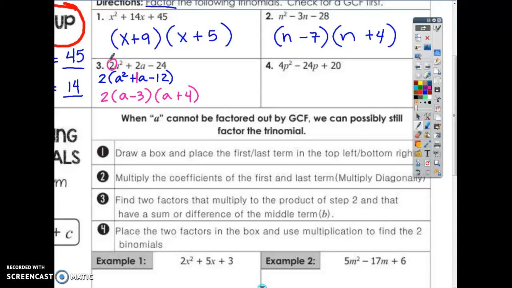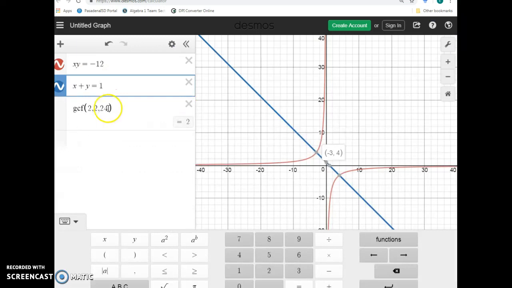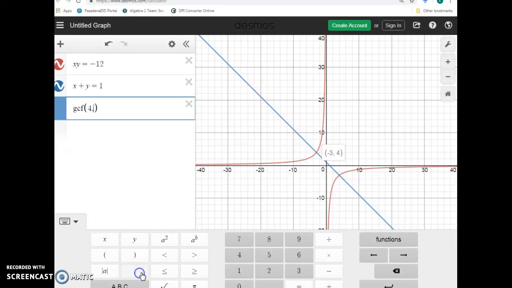So we're going to do the same thing for problem 4. I'm going to type 4, 24, and 20 and see if there's a greatest common factor. And if you're not doing this with me, you're not learning. Okay, so my greatest common factor is 4.